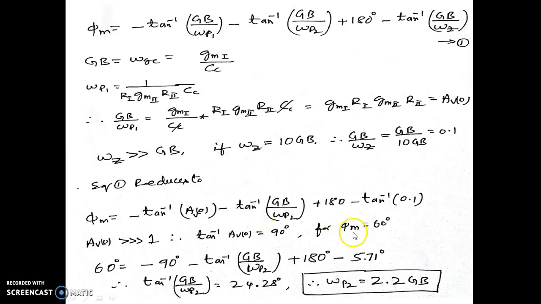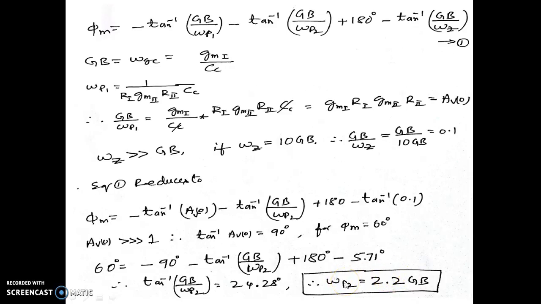For a phase margin of 60 degrees, this is now represented by minus 90 degrees, and tan inverse of 0.1 happens to be 5.71. Upon solving this, we end up with omega P2 being 2.2 times the gain bandwidth.